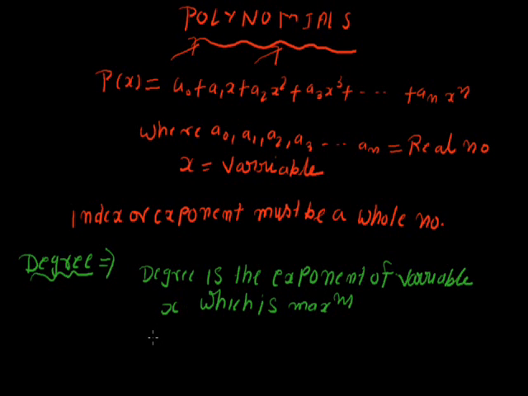And the other condition we apply for the definition of the degree is that an must not be equal to 0. Why have we applied this condition? If an becomes 0, then the last term of this expression will become 0. So this is the basic and foremost condition for the polynomial whose degree is n. an must not be equal to 0, otherwise this polynomial will not have degree n.